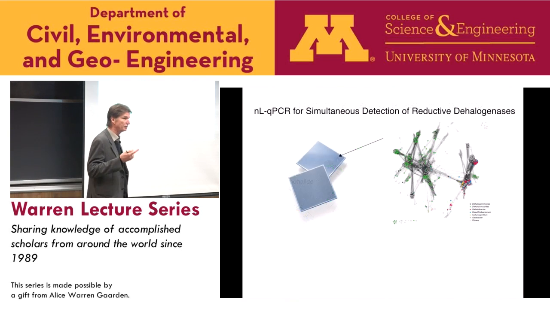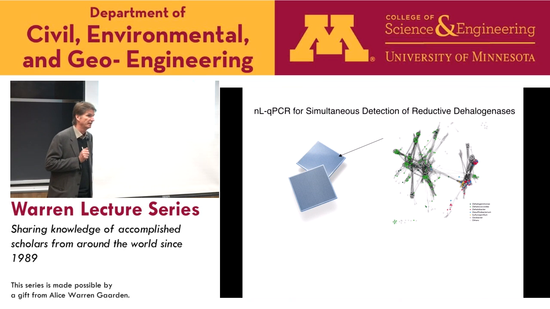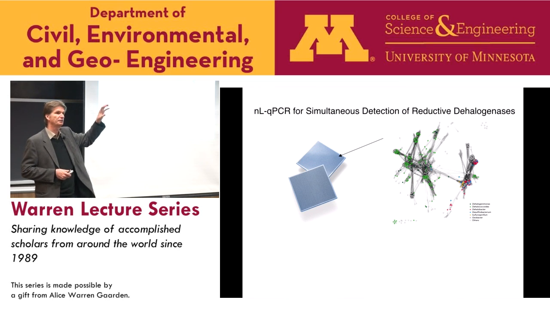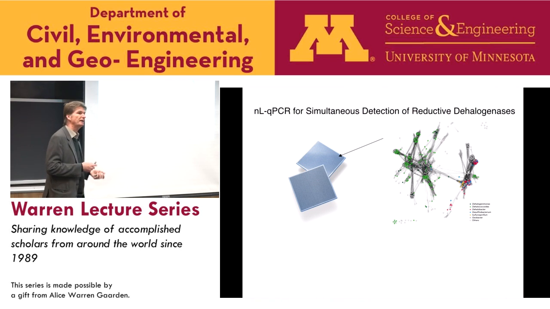What you would like to do as an engineer is make use of this information and have a probe that you can take to the field that tells you whether these genes are present and how abundant they are in contaminated sites, because with that you can make predictions. And now we have ideas how these different reductive dehalogenases are involved in different steps. So the question is, how do you develop a tool that is cheap, comprehensive, and sensitive?